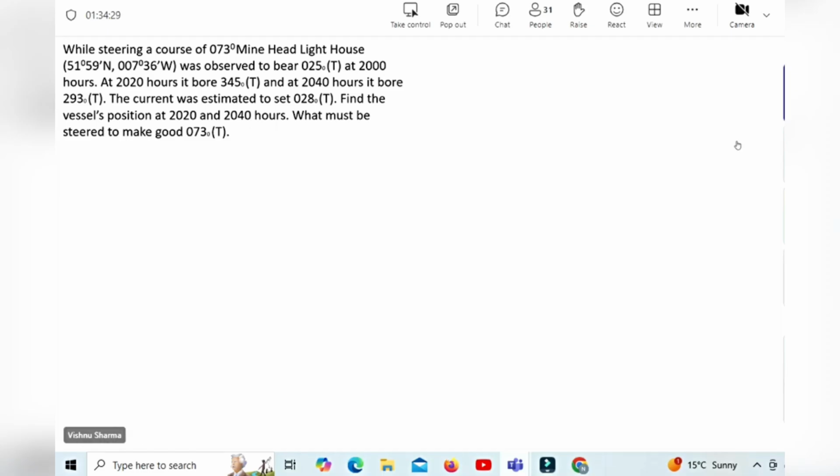Sorry. While steering a course of 073 degrees, mine headlight was observed to bear 025 degrees true at 2000 hours. At 2020, it bore 345 degrees. This is a 3-point bearing, right? They're all mine head bearings. I think this must be a doubt question people would have come with.